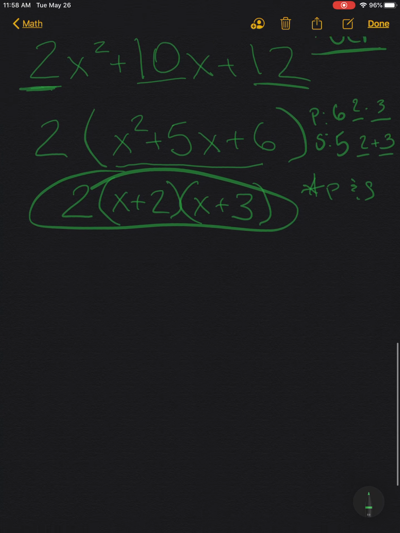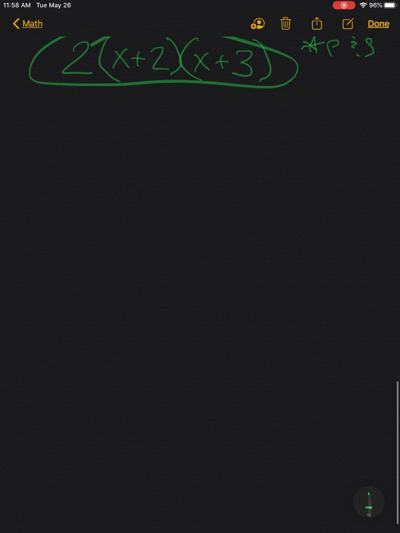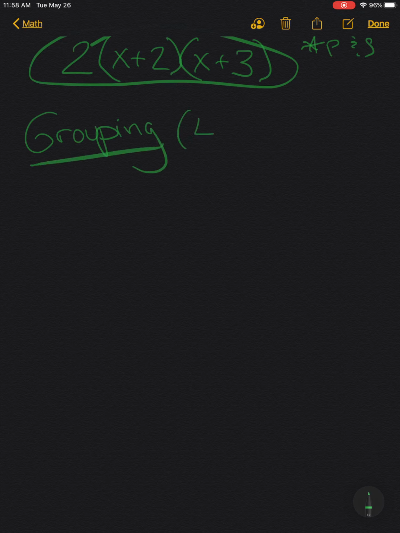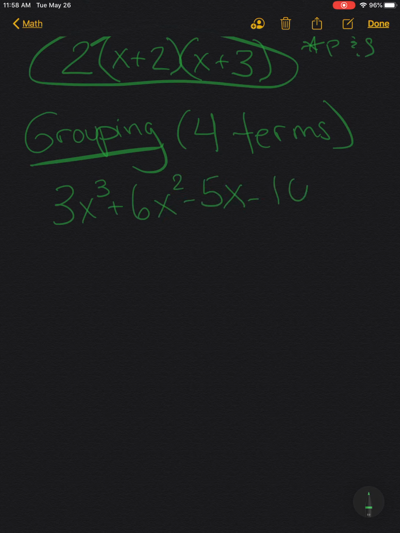Okay, all right, next type of factoring is called grouping. Grouping problems have 4 terms. Here's a problem that has 4 terms.